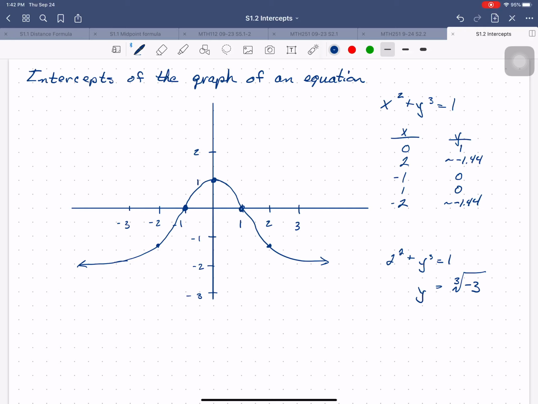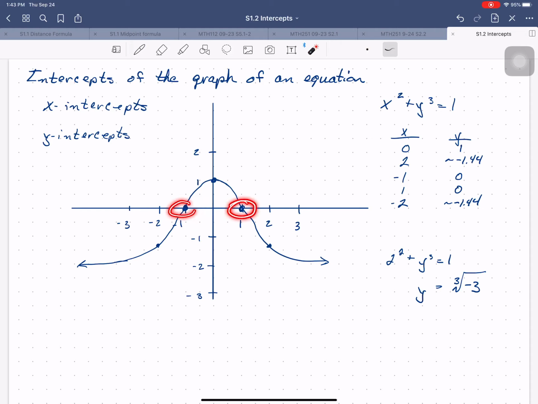Now, what I want to talk about is a couple of special points on here. The special points that I'm going to talk about right now are called the intercepts. We've got different types of intercepts. We've got X-intercepts, and we've got Y-intercepts. Now, on our graph, the X-intercepts are the points where our function crosses the X-axis.